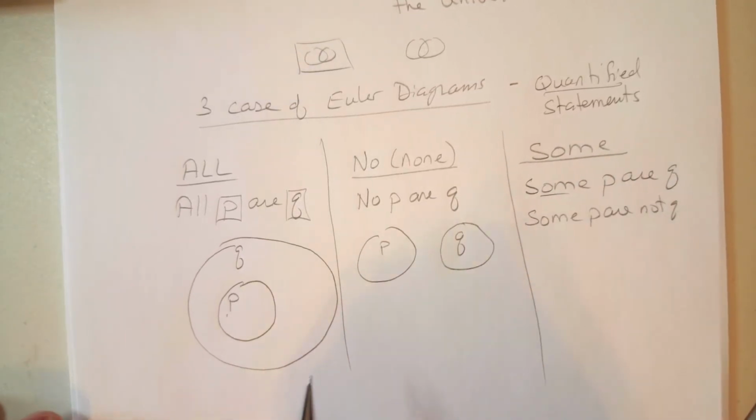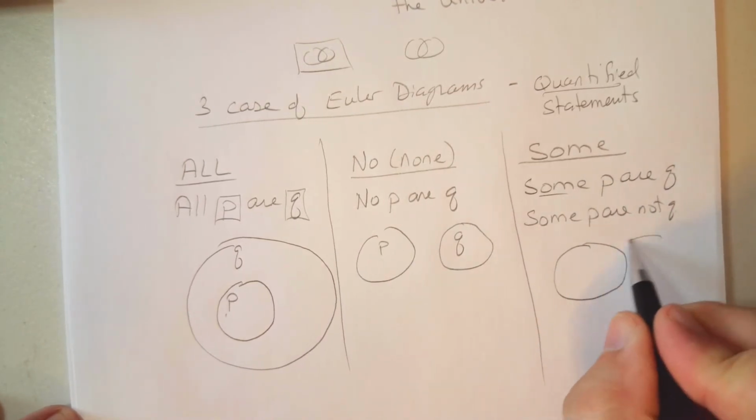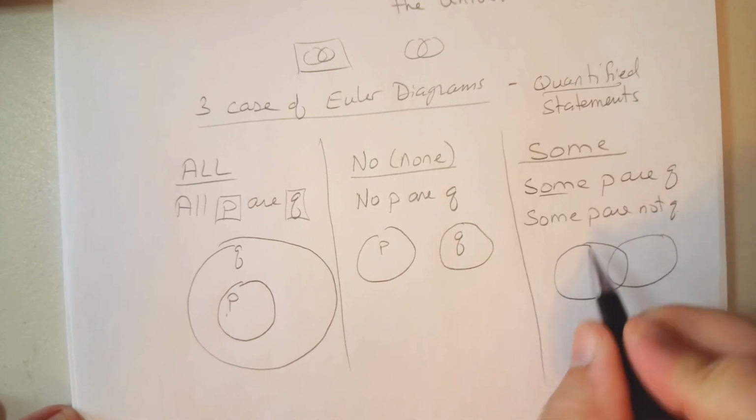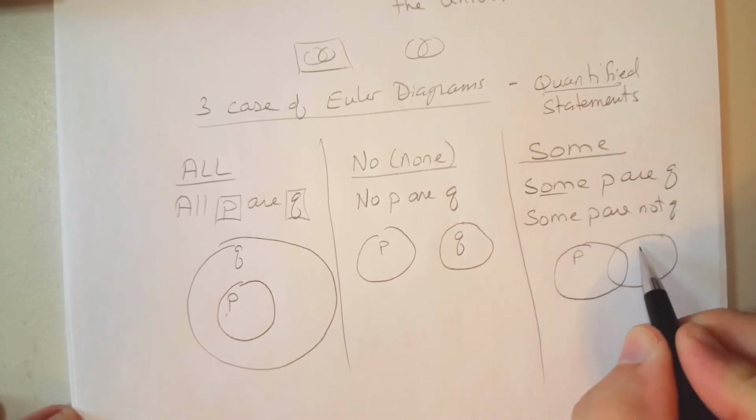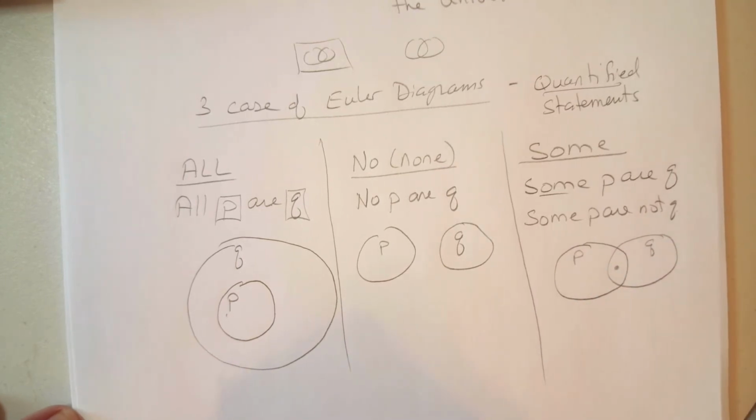They have nothing in common. And then if you have some, you have a P and a Q, and some of them are in common.